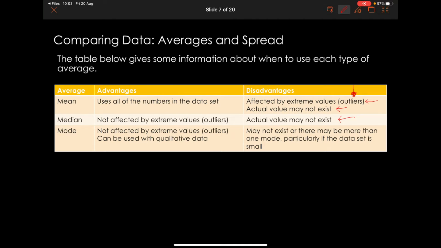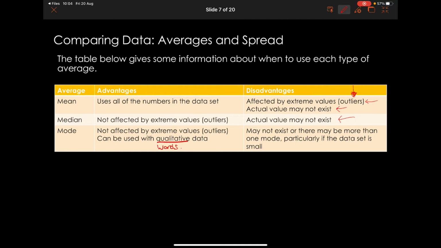And then the mode. The mode is not affected by extreme values like outliers because again it's the most common value. This can be used with qualitative data, that means data that's in words, it's not just numbers. We'll come back to types of data later on. Now it may not exist or there may be more than one mode, particularly if the data set is small.